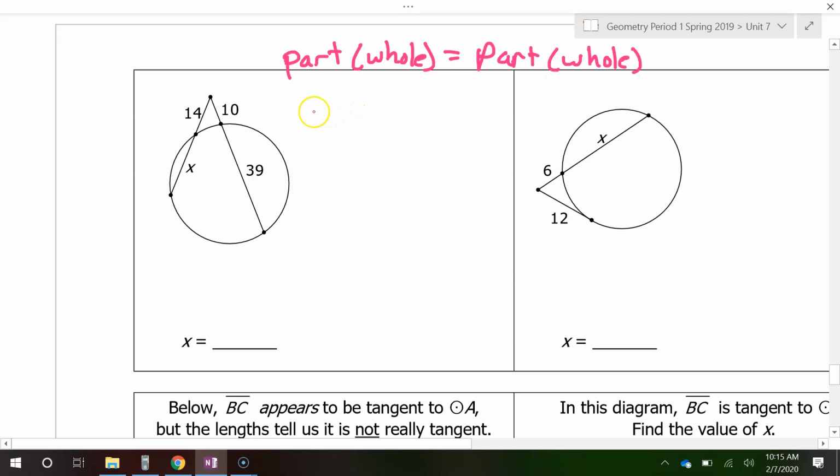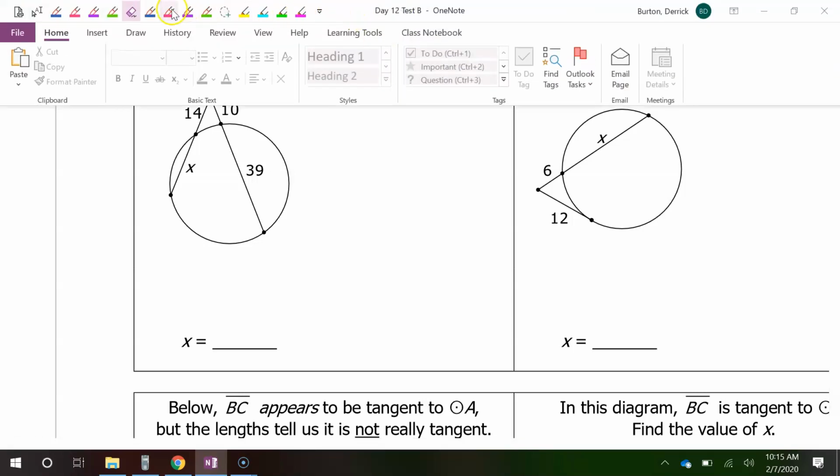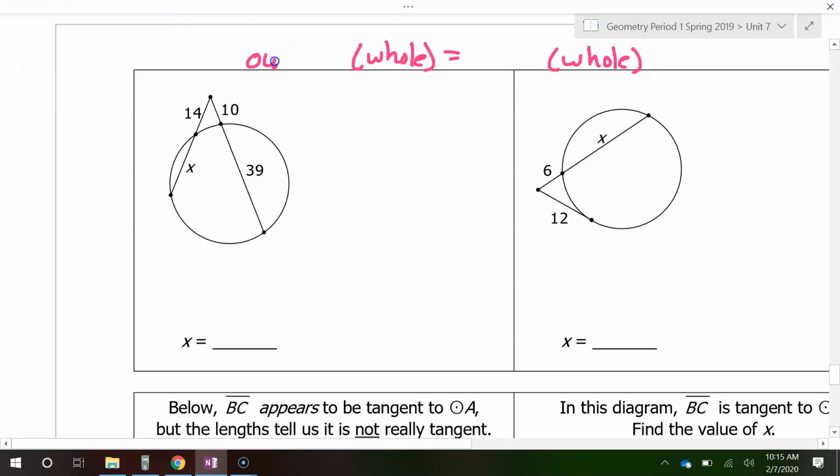All right, so give me the first part and whole. In fact, I should say outside. Instead of just saying part, I'm going to say outside. Oh, I see what we're doing wrong now. Instead of 39, it's supposed to be 49.